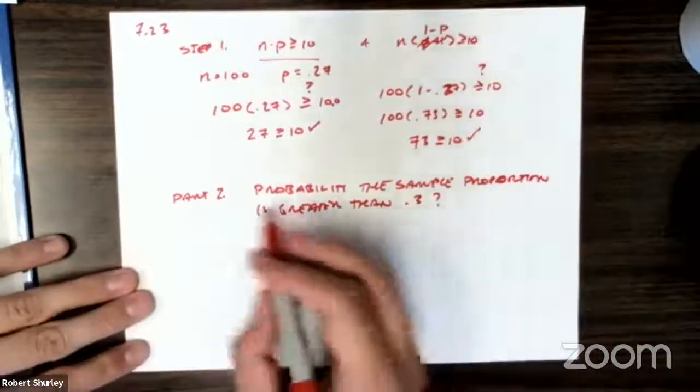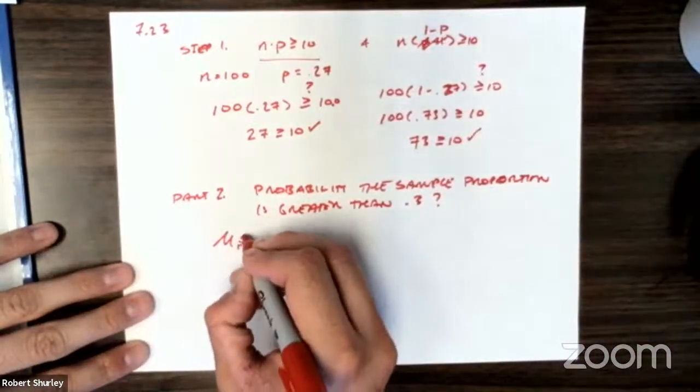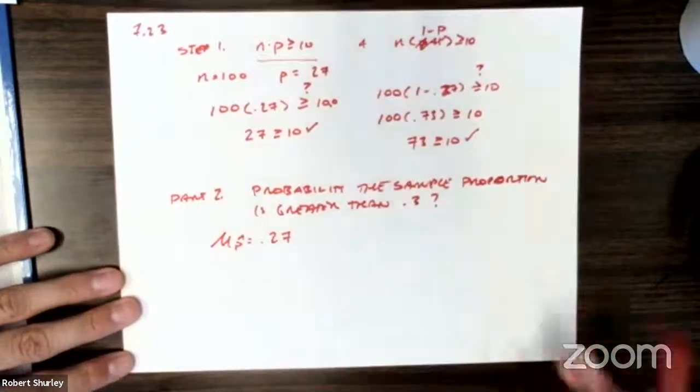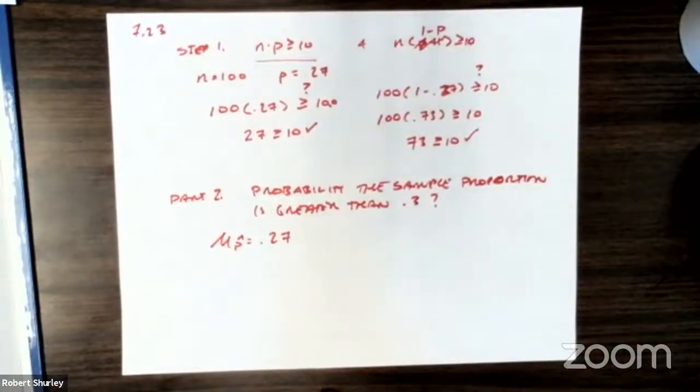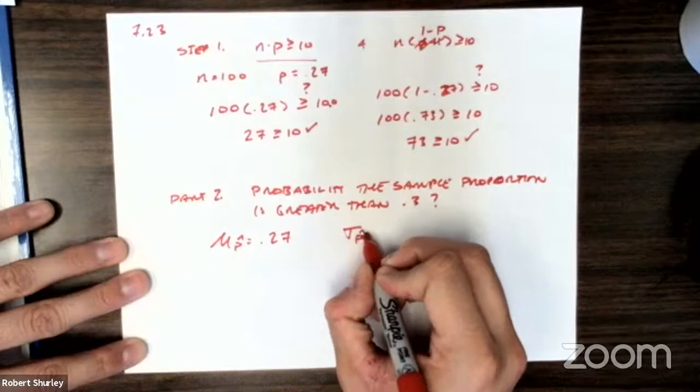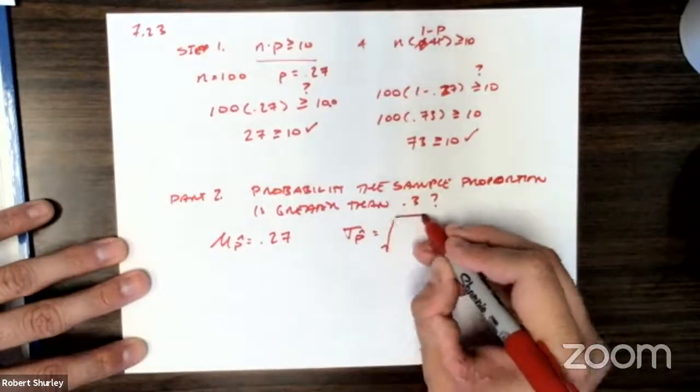Now to get this, we need to know the mean, which we do. It's 0.27, right? Because it said 27% of Americans prefer chocolate. Now we have to find the standard deviation with that formula again.